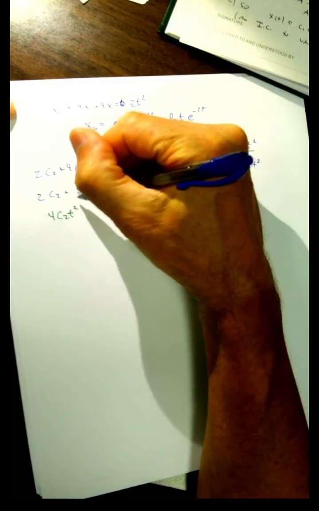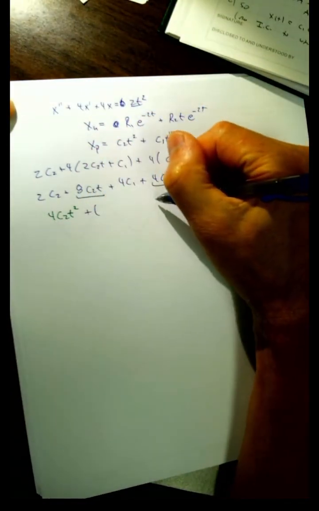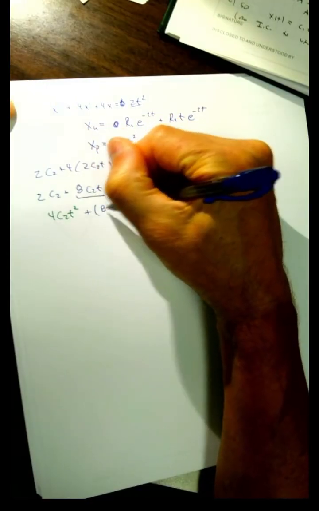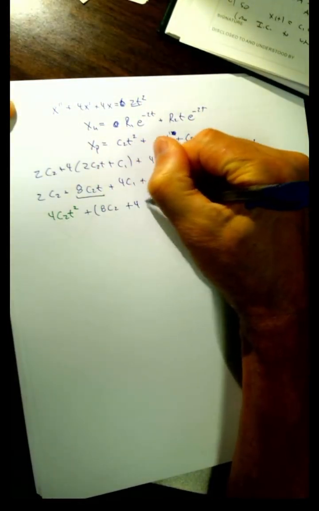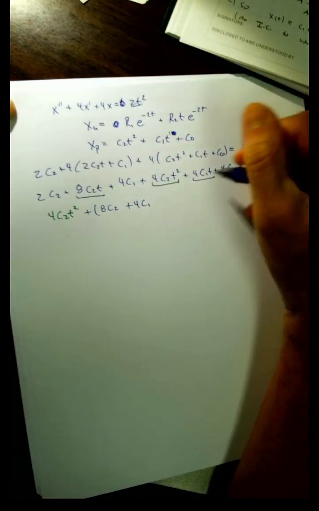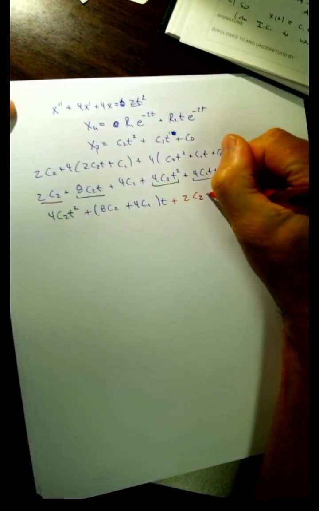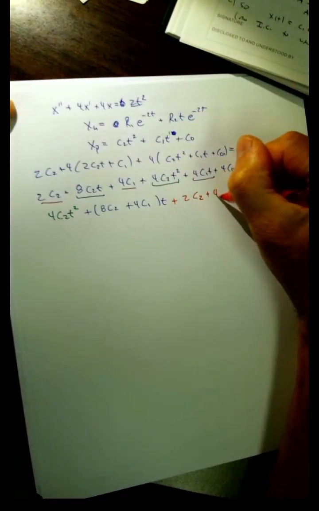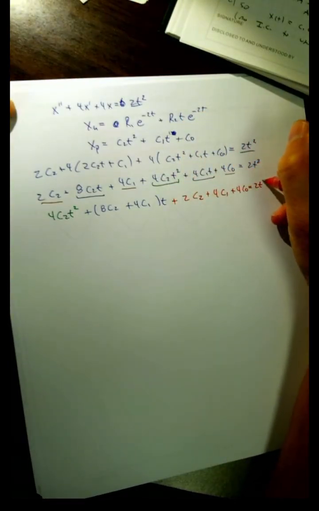For my t terms, I got something times t, so I've got 8c2 plus 4c1 times t. That's my only t terms. And then finally, for the constant terms, I've got 2c2 plus 4c1 plus 4c0 is 2t squared.